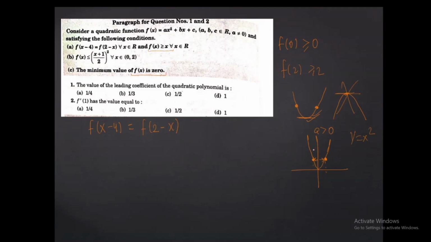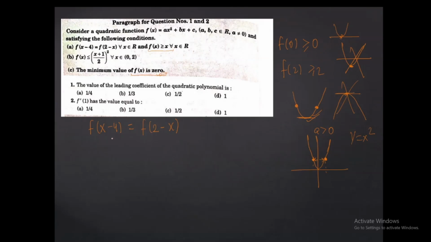So there is symmetry about the y-axis. Here also it is an upward-opening parabola, so it will have symmetry, but we need to figure out about which point. Since it has the minimum value of 0, this cannot be possible, because then the minimum value would not be 0. It would be a negative number, right? So for the minimum value to be 0, it must only touch the x-axis.